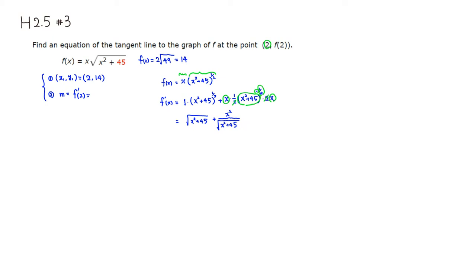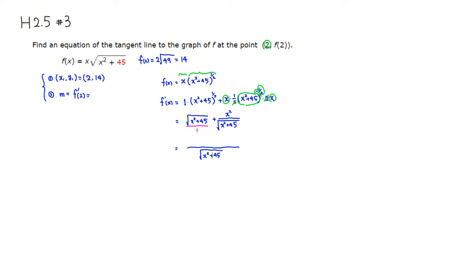Then the next thing we want to do is combine those together by taking the common denominator. This first term doesn't have a denominator, so you can think of it as being over 1. To take the common denominator, I'm going to use the denominator square root of x squared plus 45.